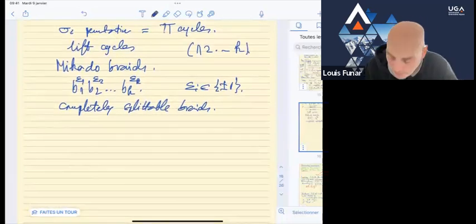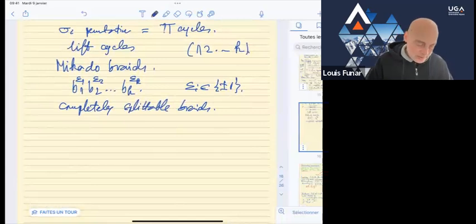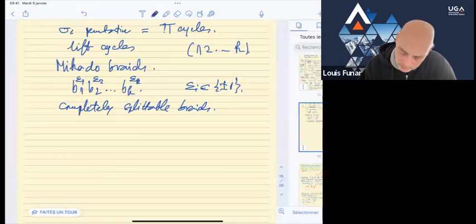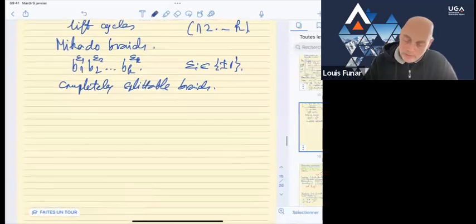I would say this is not very geometric, it is between combinatorics and algebra. So this is mainly the way to prove it in the general ramified case.